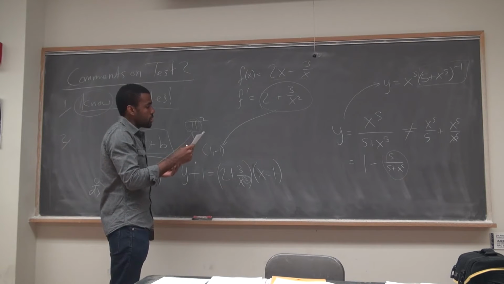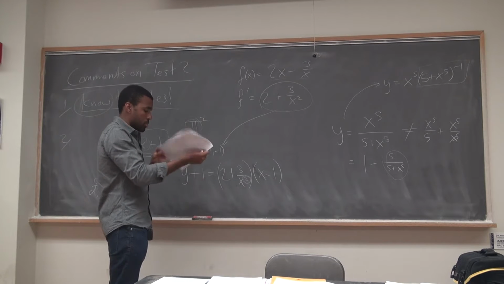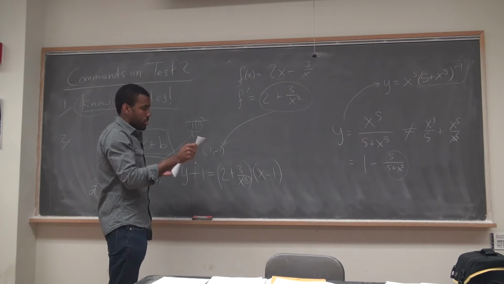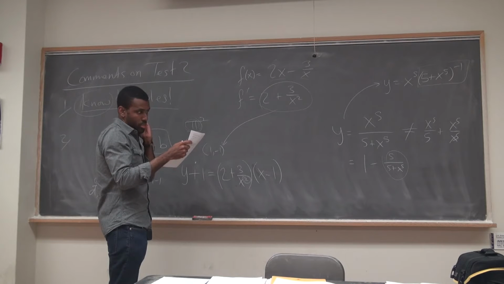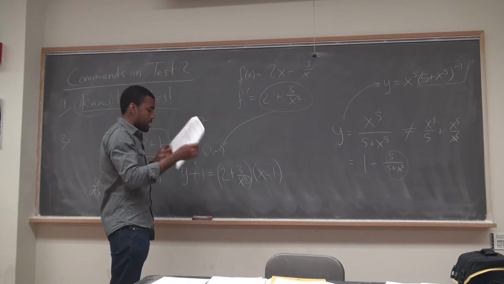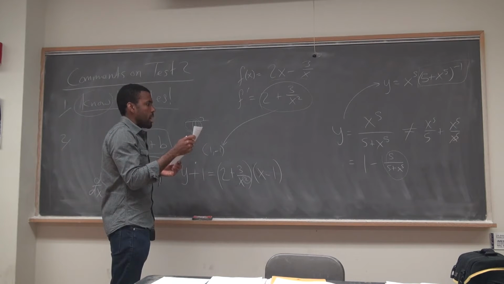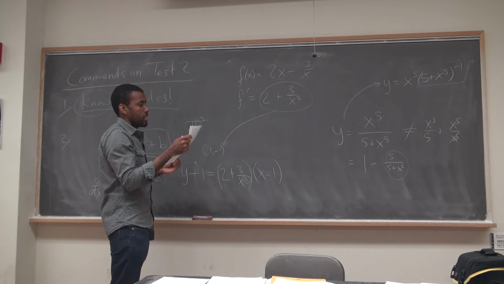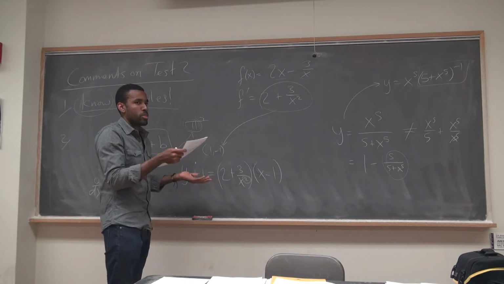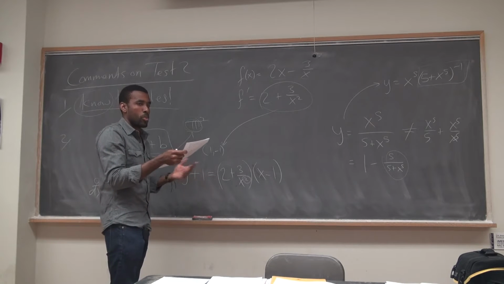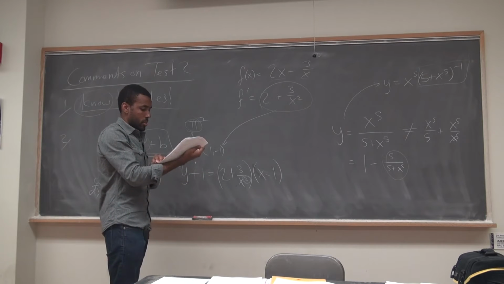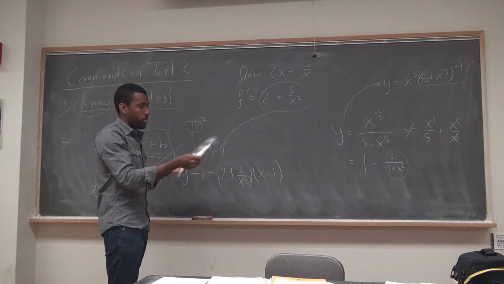That was one of the things I spoke about in the email, about reading the problem carefully and giving what's asked for. In part D, I asked for the velocity when Javon hits the ground, and a lot of people gave me time. I didn't ask you for time, I asked you for velocity. Part C asked you for the time.